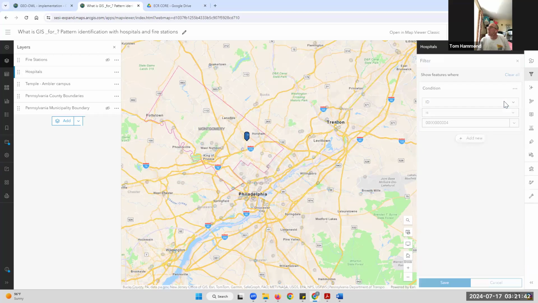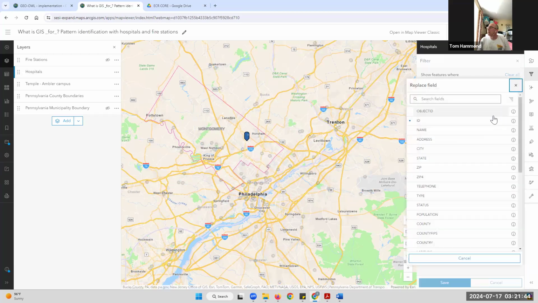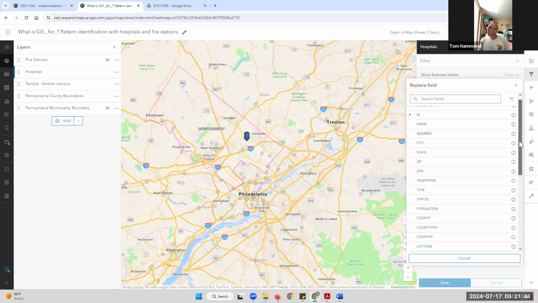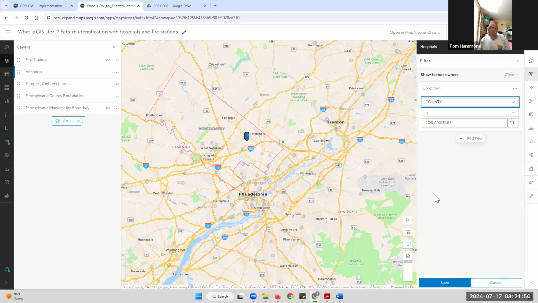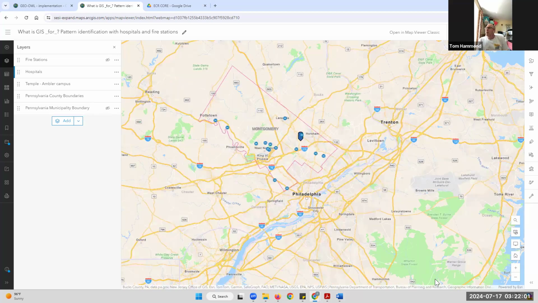I'm going to do the same kind of filter to the hospital layer. So I'm going to say county is Montgomery. Okay, so when I look at this, I've got 1, 2, 3, 4, 5, 6, 7, 8, 9, 10, 11, 12, 13, 14 hospitals inside of Montgomery County.